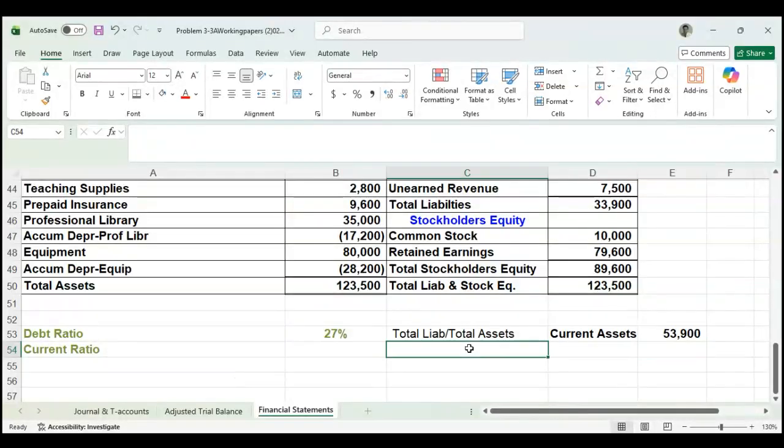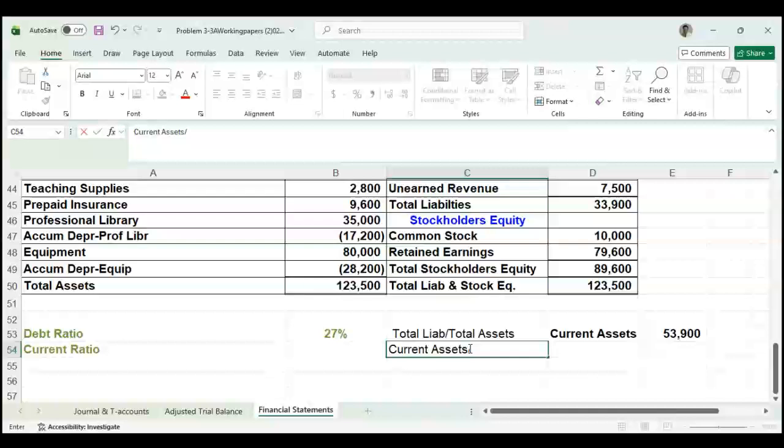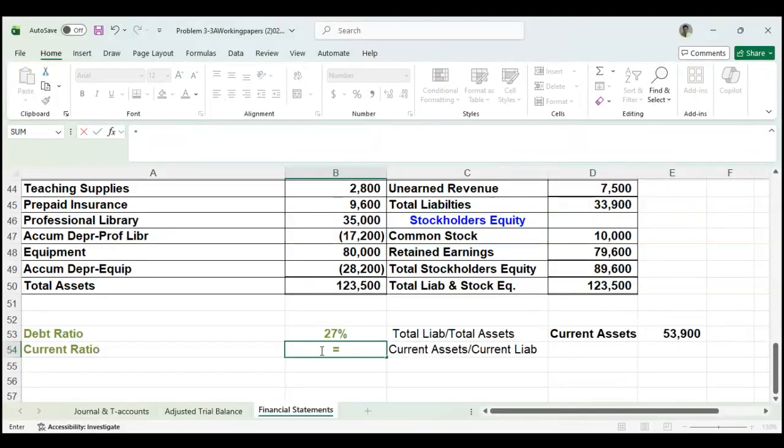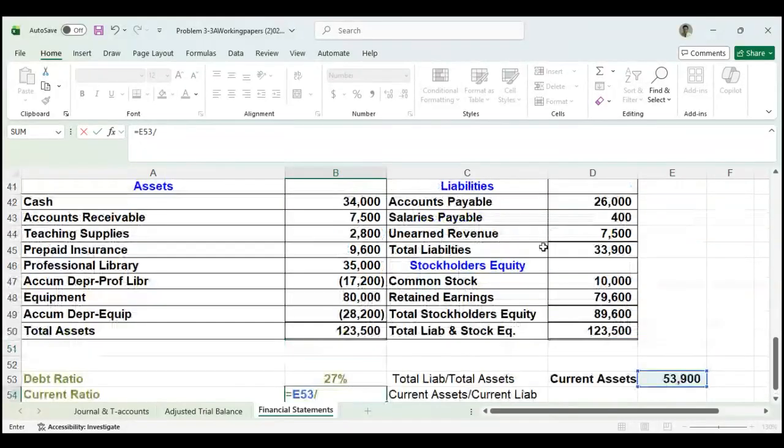So in order for me to get the current ratio, I'm going to take my current assets and divide them by my current liabilities. So I have current assets of 53.9, okay, and I'm going to divide that now by my current liabilities.